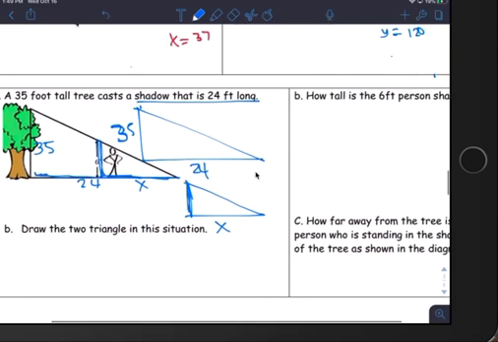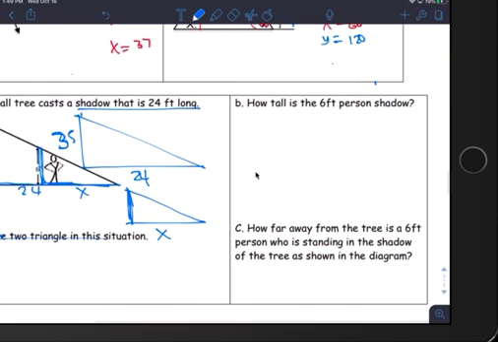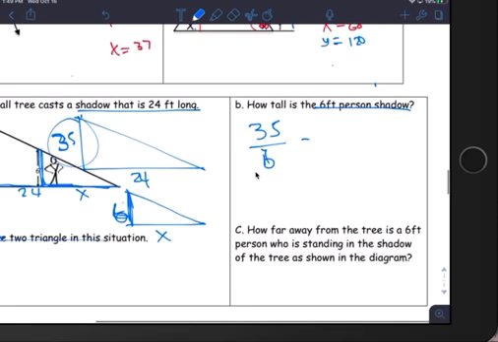Okay, we draw the two triangles in this situation, tell how tall the 6-foot person's shadow is, so 35 over this 6-foot person, 35 over 6 equals 24 over X. Multiply diagonally. 35X, right? 24 times this 6 equals 144.